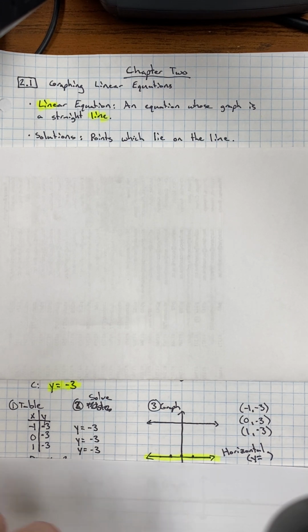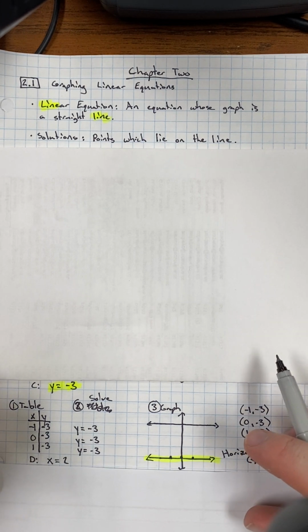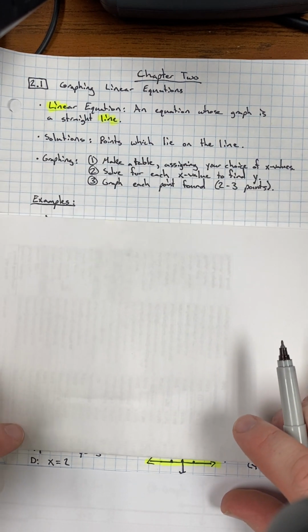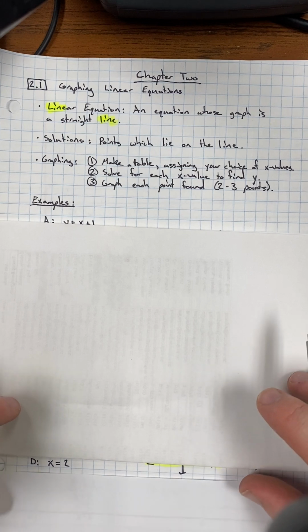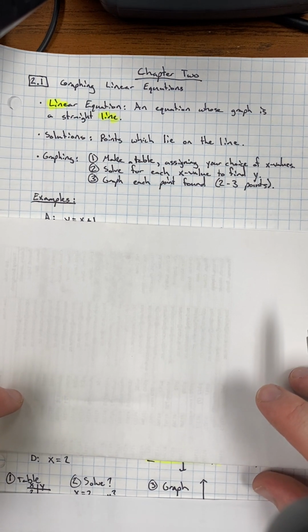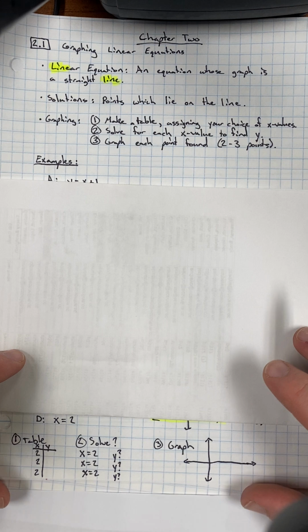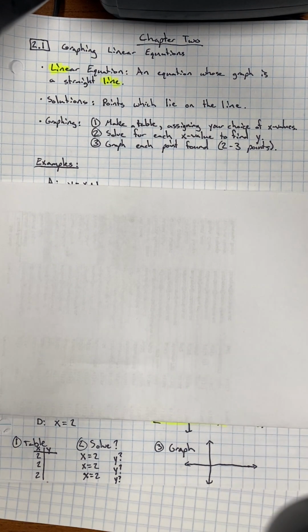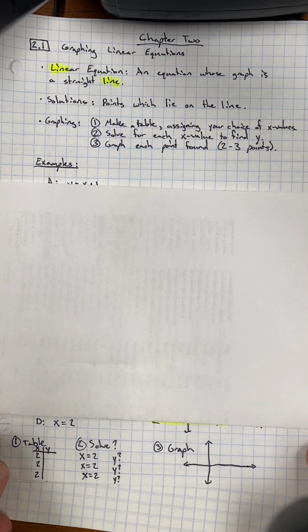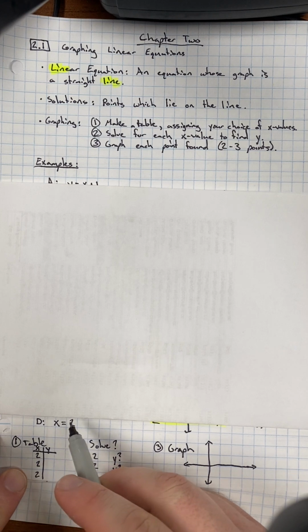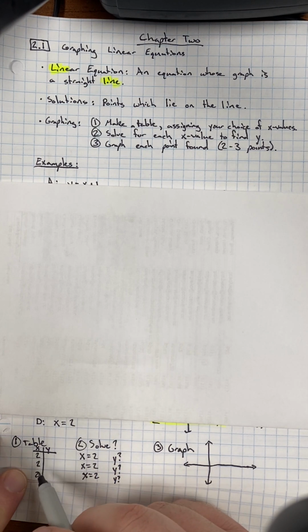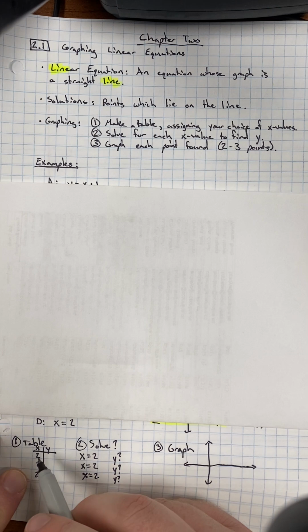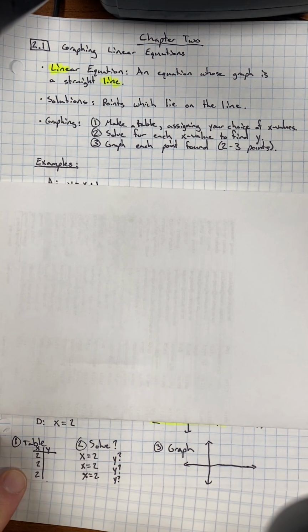Okay? Let's see what happens, for example D, which is the next one, where x equals 2. Okay, let's see if we can do this one. Let me go ahead and move this. Okay, so for this one, it's kind of the same story. X is always going to be equal to 2. So when I go to fill out my table, problem is I can't actually put -1 because x will never be equal to -1.